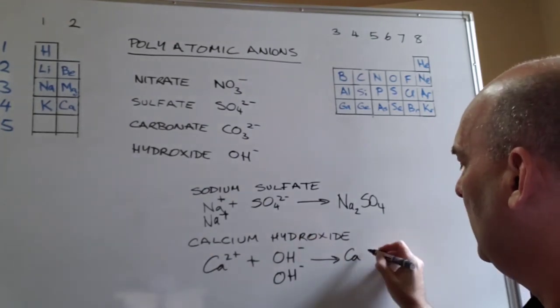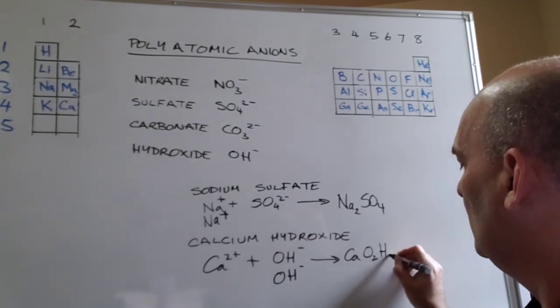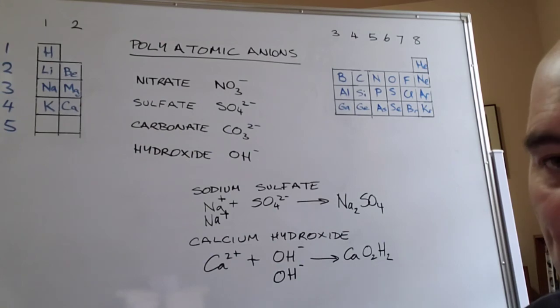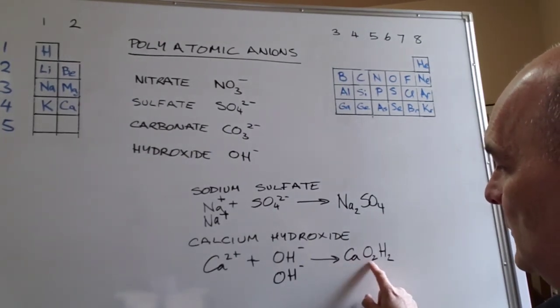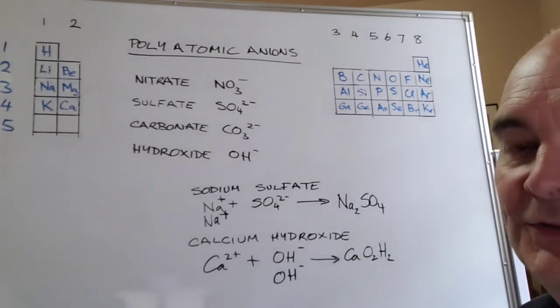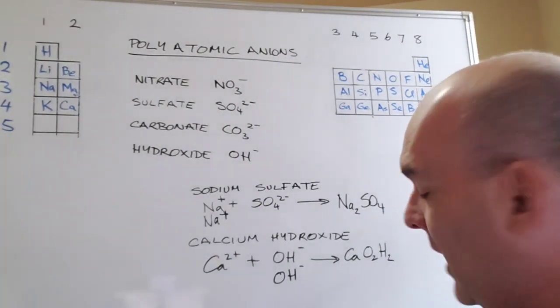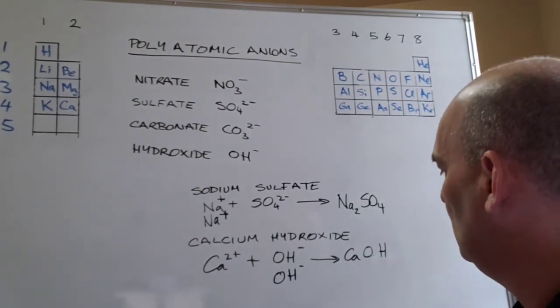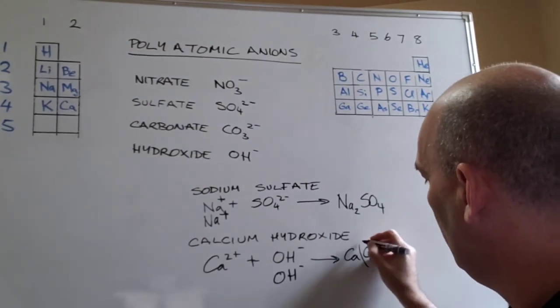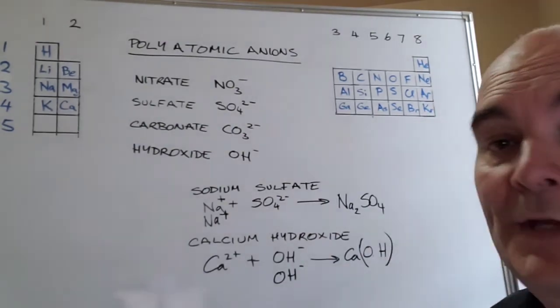Now, I could write this one of 2 ways. I could write it this way, that shows the 1 calcium that I have, 2 oxygens and 2 hydrogens. And technically that's correct, but it's failing to convey to the reader that this is a hydroxide.